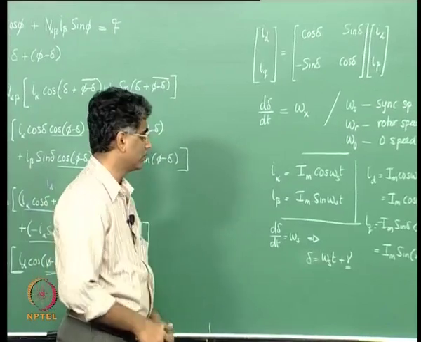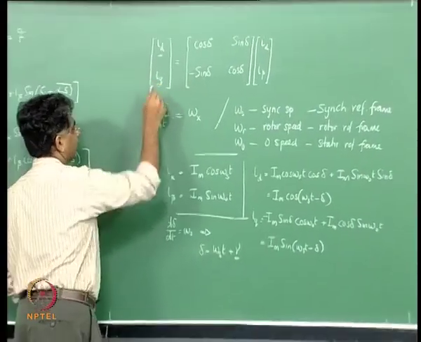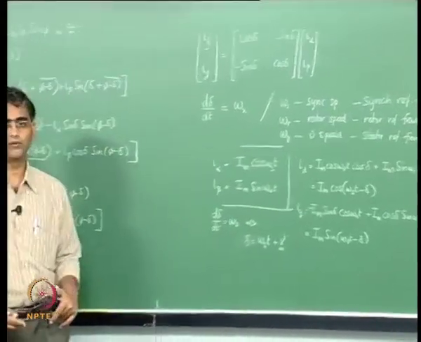Now we have dealt with I alpha and I beta being transformed to id and iq. How about the supply voltages?